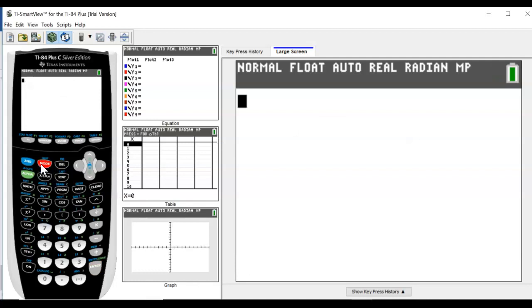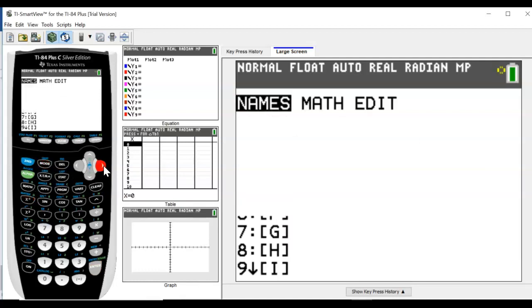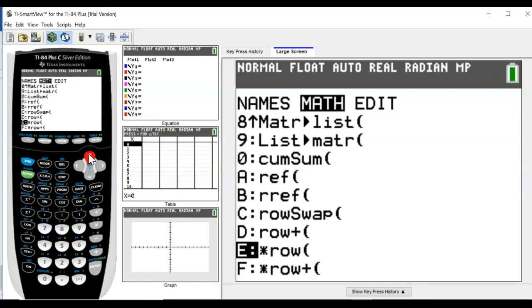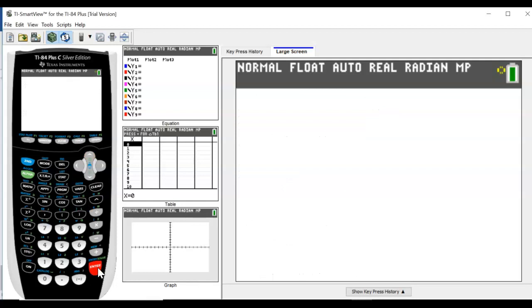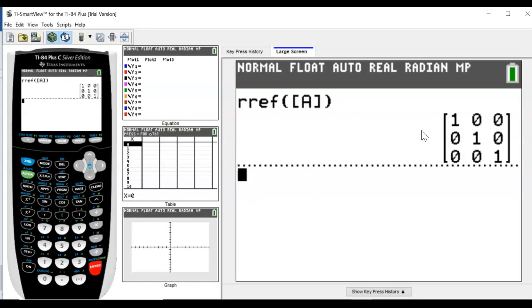So now we can do our basic thing again where we go into our matrix menu. Row reduce echelon form, that matrix. And all of a sudden I get this. All right.